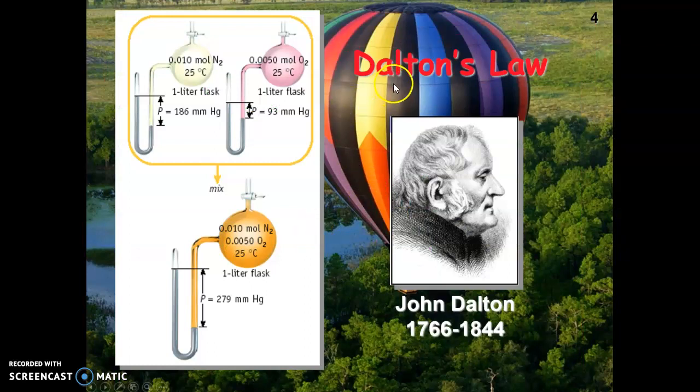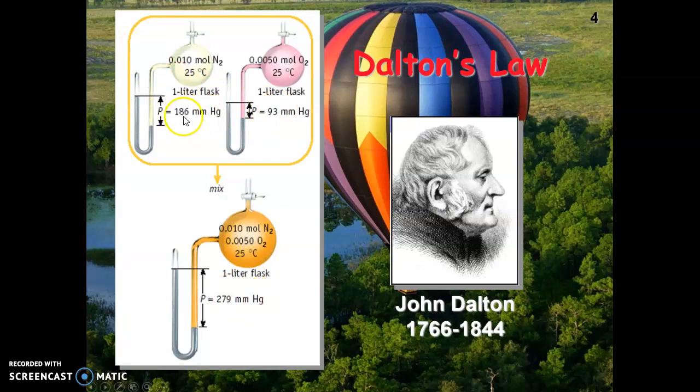And Dalton's observation was that if you took two gases, we're getting into Dalton's law of partial pressures now, and combined them into the same size container, those two gases would have a greater pressure than either gas individually.